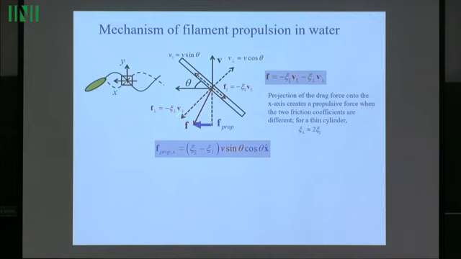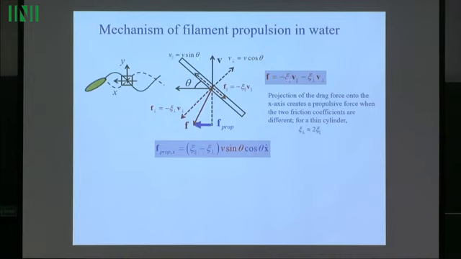And the point is that when psi parallel, the friction for motion parallel to this cylindrical element, and psi perpendicular for the perpendicular one are different from each other, then the resulting force comprised of these two components is directed under some angle with respect to the direction of v.